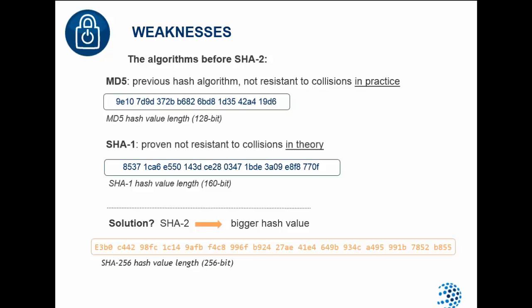In theory, SHA-1 can resist collision attacks because it's too long to decrypt for hackers. However, with the evolution of modern computing technology, it might weaken the SHA-1 hashing algorithm. SHA-2 works in exactly the same way, but with a bigger hash value.